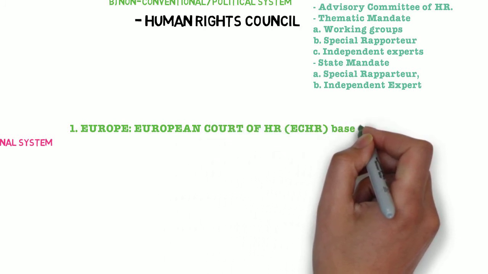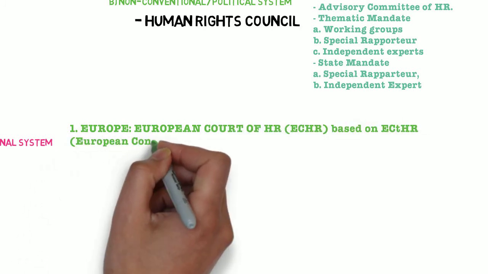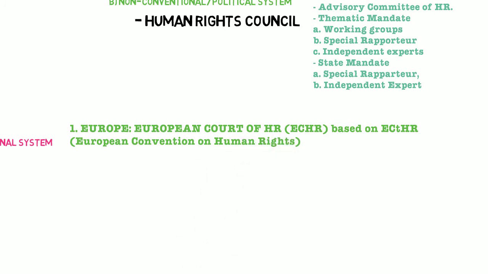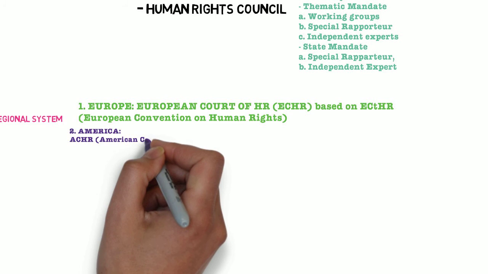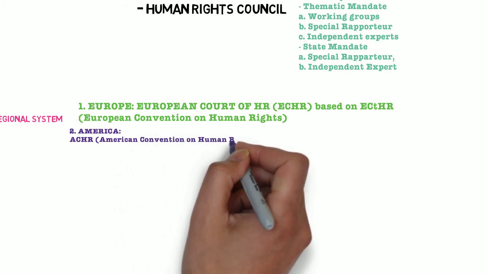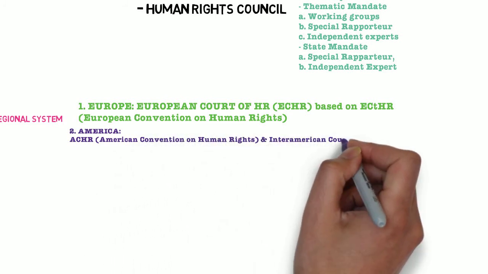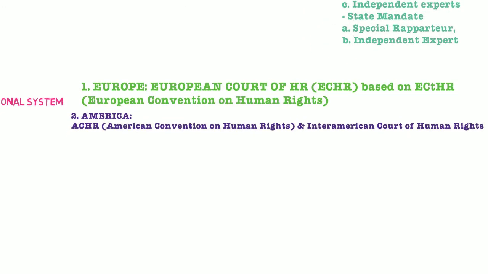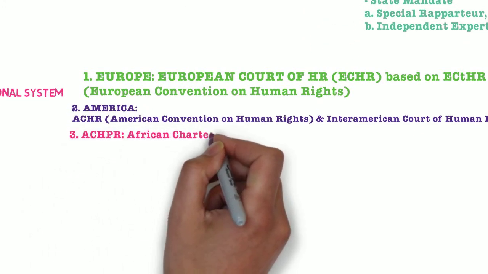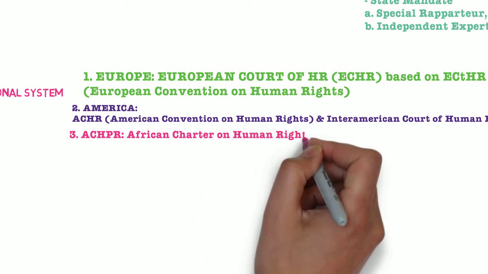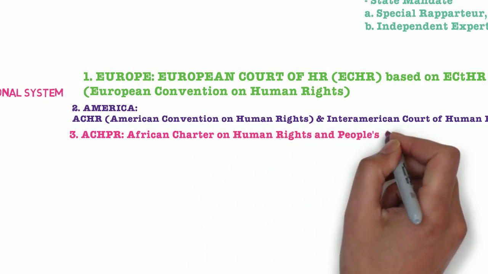So we need to highlight the European system, that is the European Court of Human Rights, then the American Convention on Human Rights, that is articulated through the Inter-American Court of Human Rights, and then the third option, that is the African Charter on Human and Peoples' Rights.